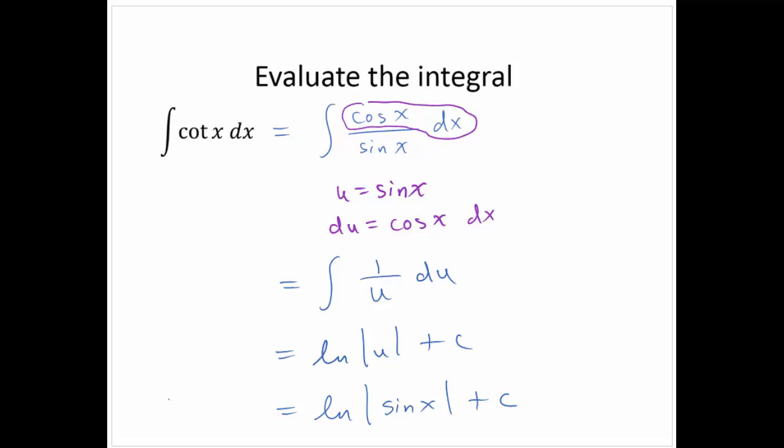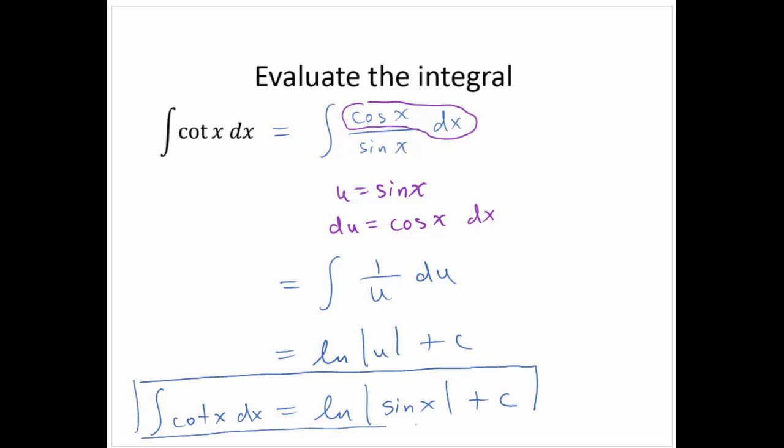And so we now have a formula: the integral of cotangent x dx is the natural log of the absolute value of sine x plus a constant. You could evaluate the integral of tangent x dx using a similar technique.